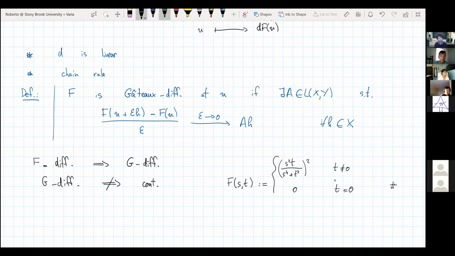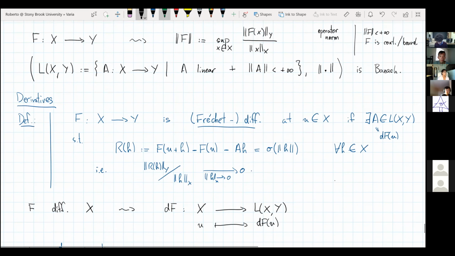Can I ask a quick question here? When you have a nonlinear function, is bounded and continuous still the same, like it is for linear functionals? I'm calling them bounded and continuous. For me, bounded is being finite.